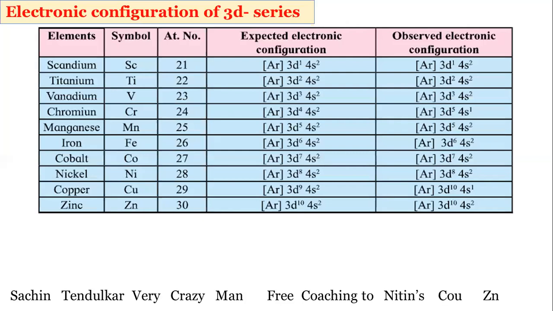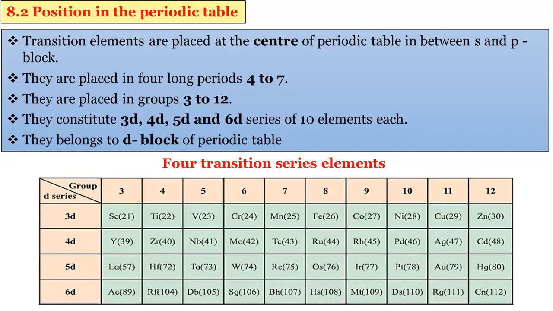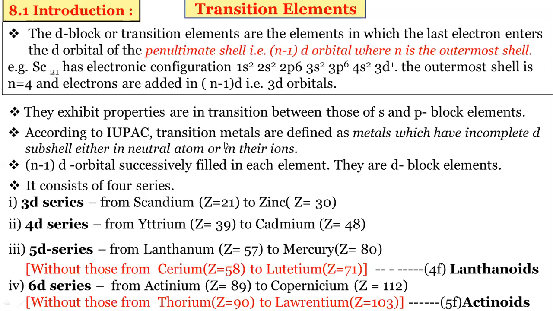According to IUPAC, I will show the definition again. What is the definition of IUPAC? Metals which have an incomplete d subshell either in the neutral atom or in their ions.